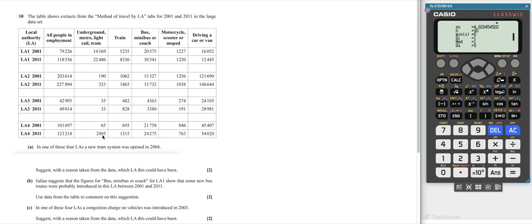Looking at that, it has a huge increase in the number of people taking the tram. So part A, this is LA4. Huge increase in the number taking the tram.